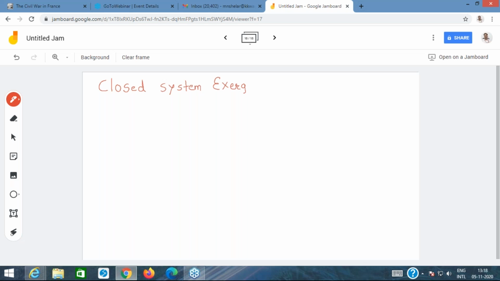So that is the objective. I have a very small derivation, but an interesting one, wherein I would be deriving an expression for exergy or available energy of a closed system.